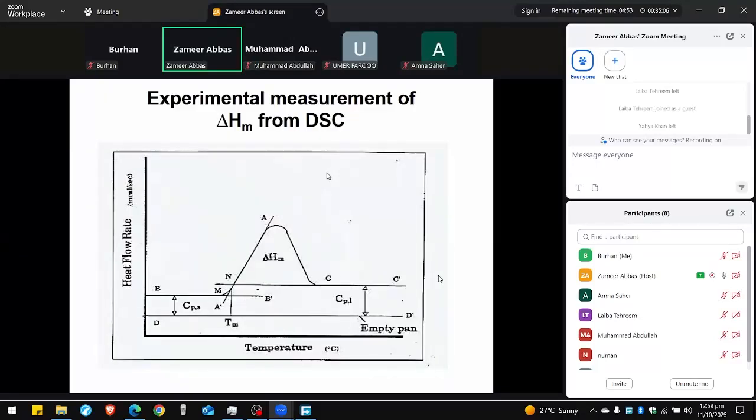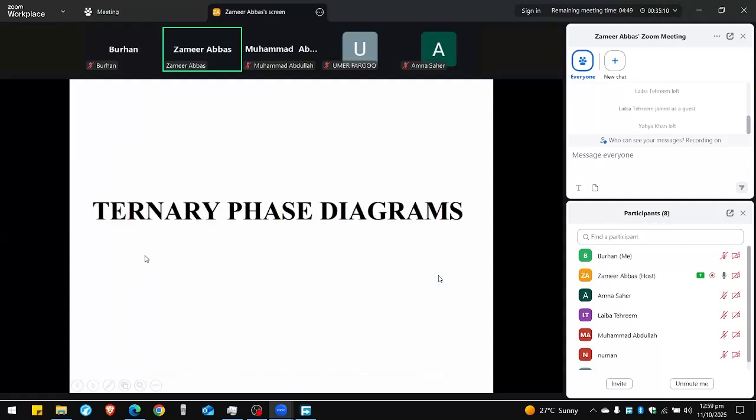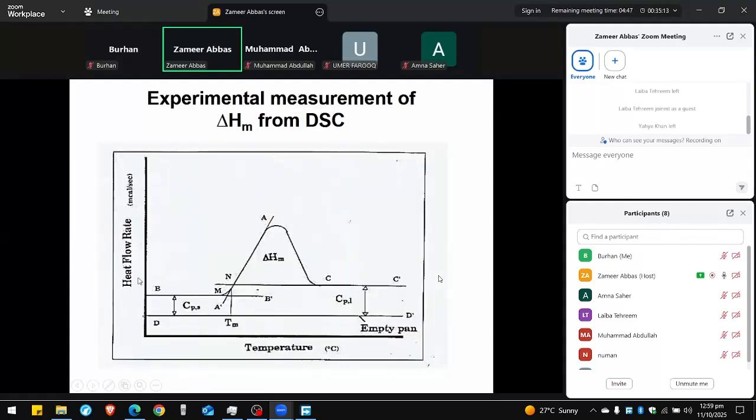Okay, so this is a DSC curve, DSC graph. On the y-axis there is heat flow, and on the x-axis is temperature. If you take a small amount of material and heat it, when there is a transformation, either an exothermic reaction, heat will be evolved, or an endothermic reaction, heat is absorbed.